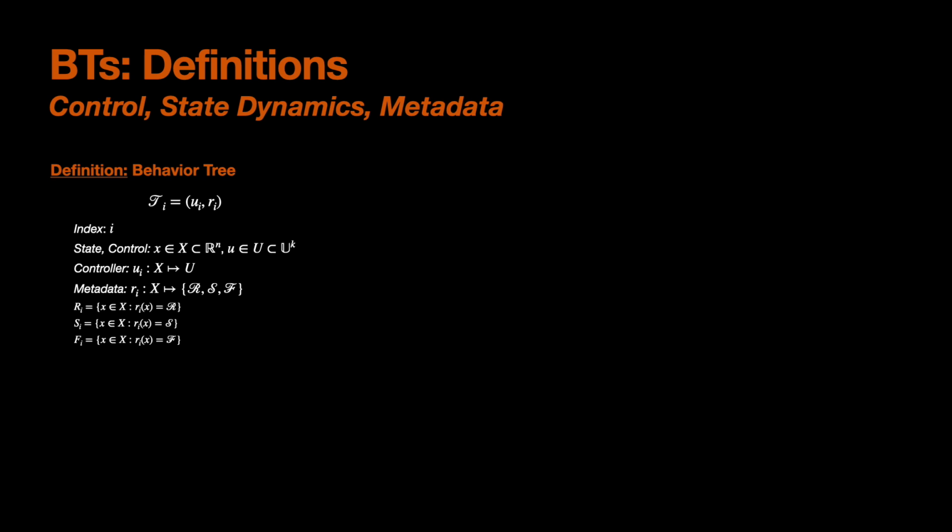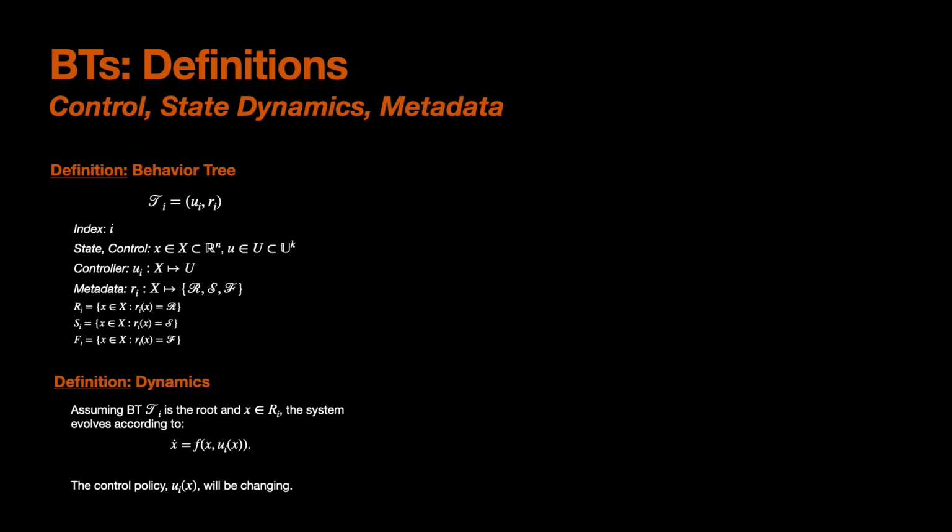And within that behavior tree, there's a notion of a state, and it's up to us to define what our state variable will be. Now, within this behavior tree, we can see these local dynamics evolving, and a control policy that may be a function of x, evolving within this specific behavior tree.